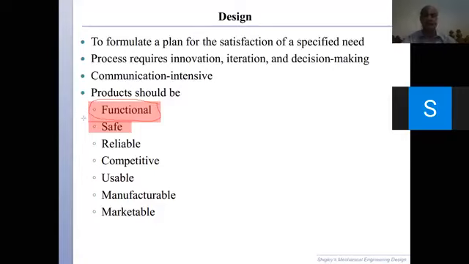So these are the foremost things that we are going to look for in a product when you design it, ठीक है जी.